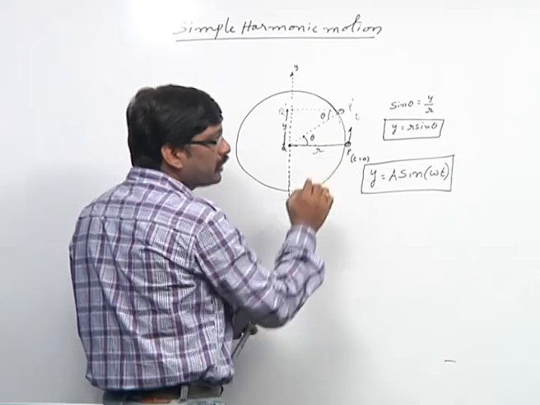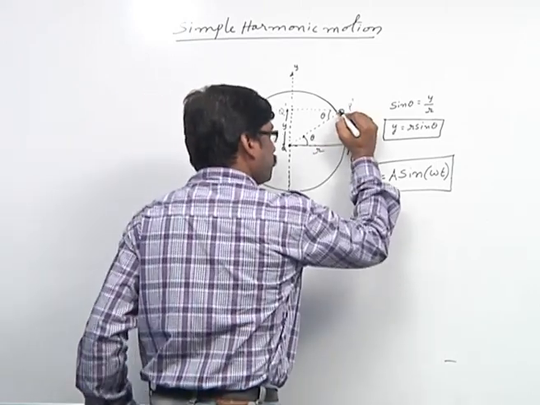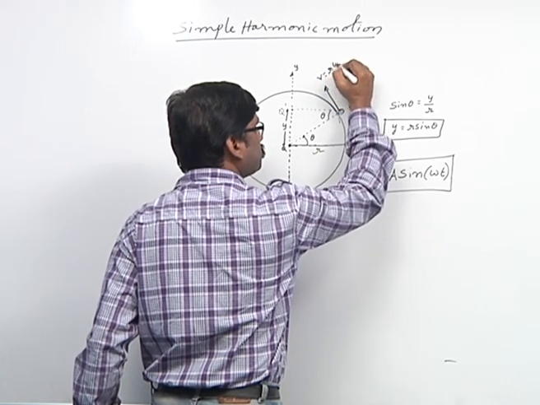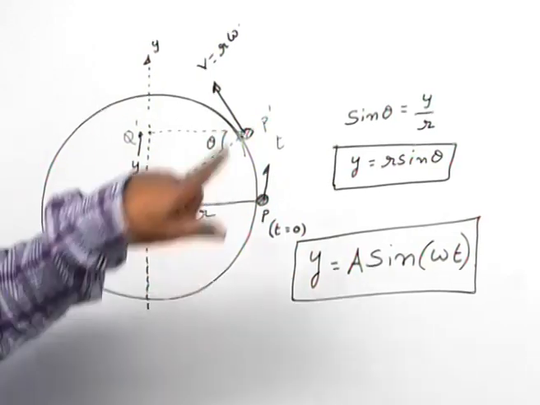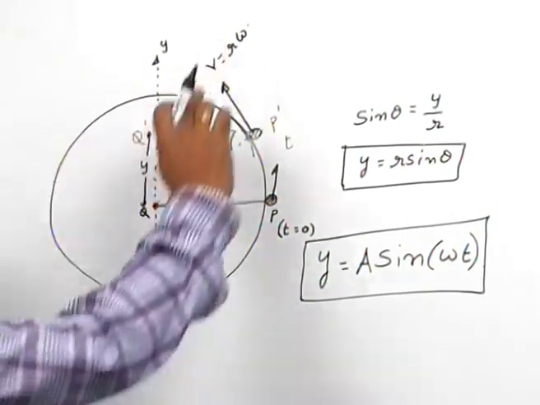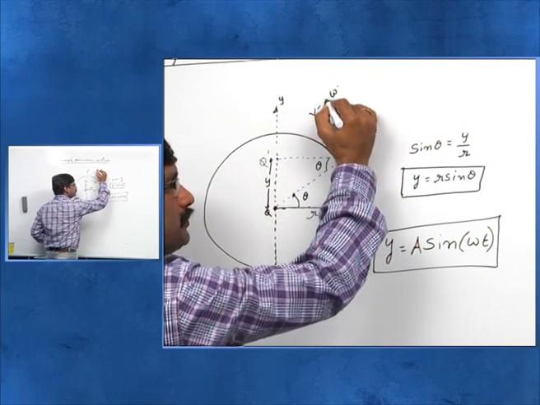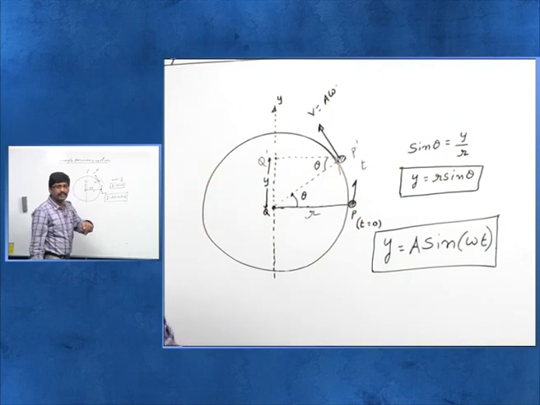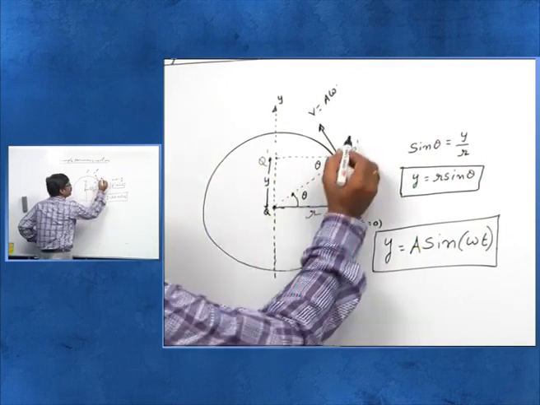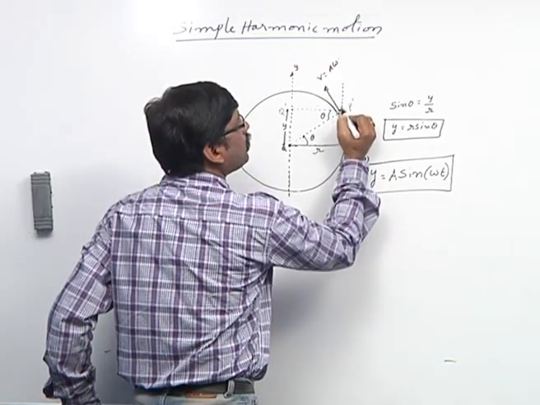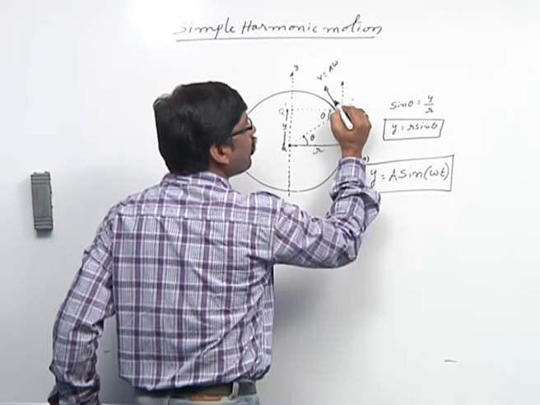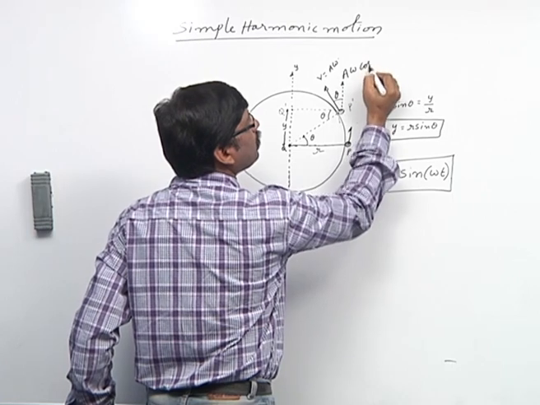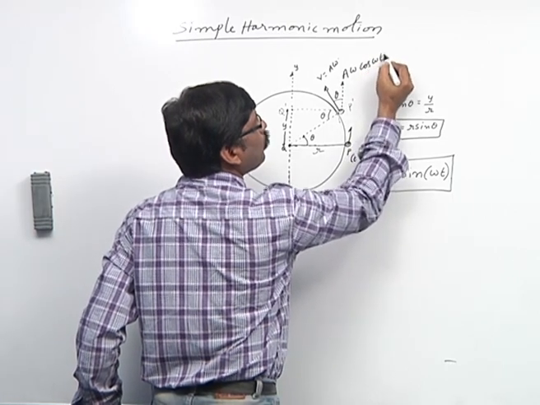Let us find out the velocity. If v is the velocity of P, it is nothing but r omega. Now I am changing r omega to a omega. Its projection can sometimes also be called the image. Q is the image of P. Its component along the y-axis is a omega cos theta, and theta is nothing but omega t.